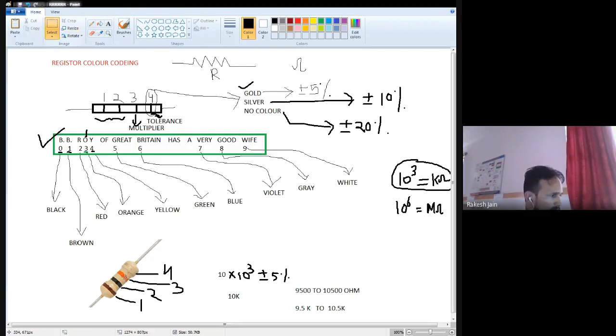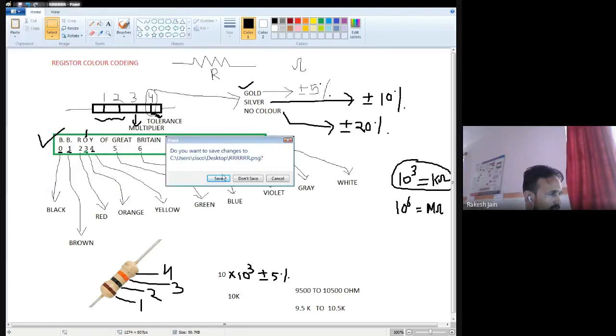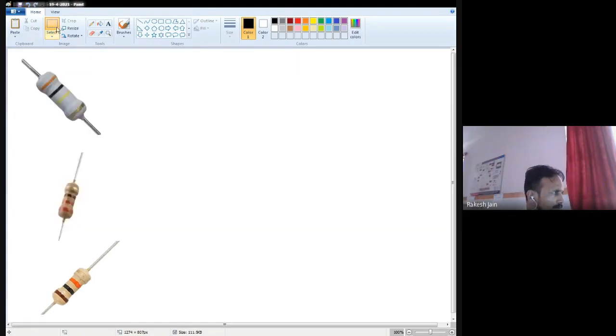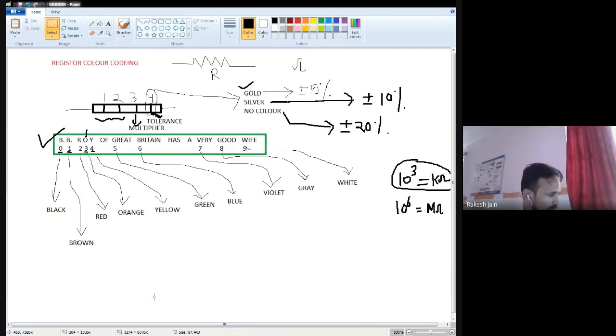So I am talking about the third example. Let's suppose I have this resistor and I just want to find out the answer to this question. Let's suppose you have these four colors.